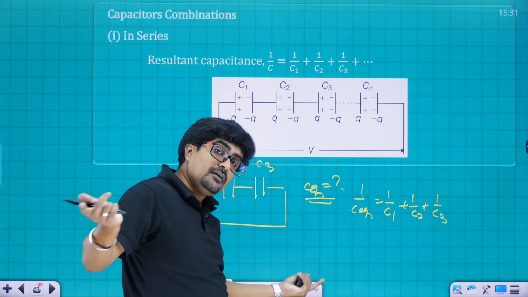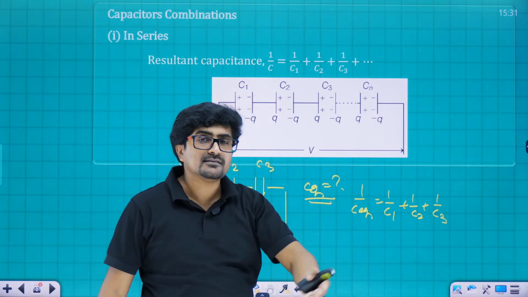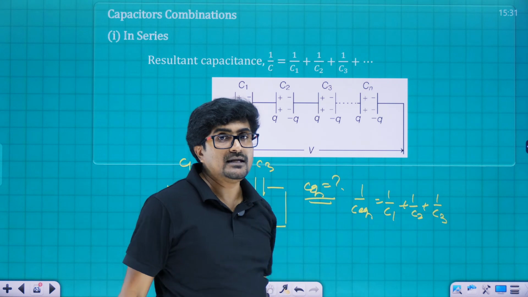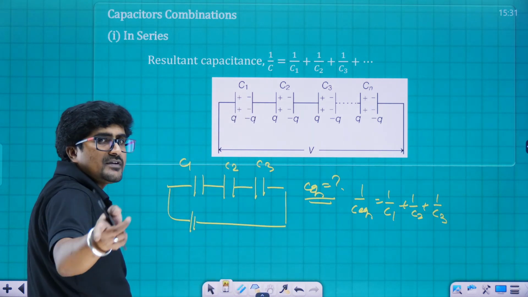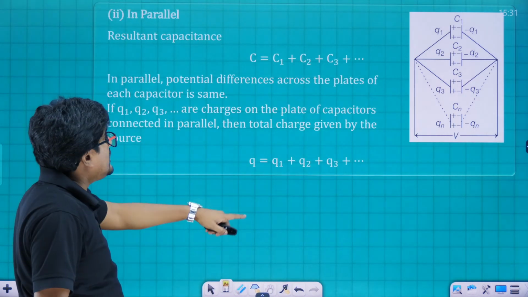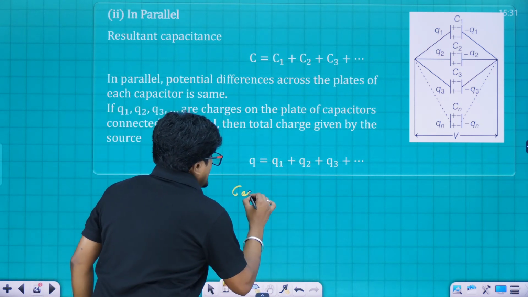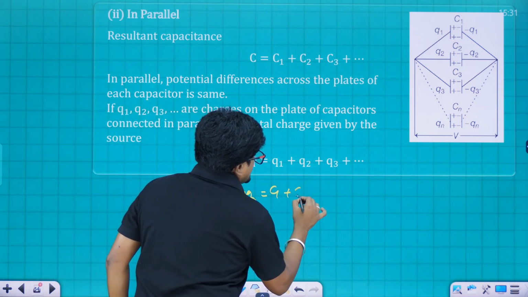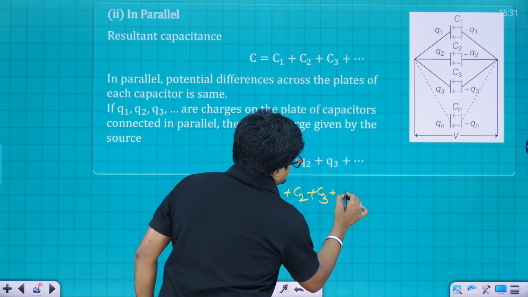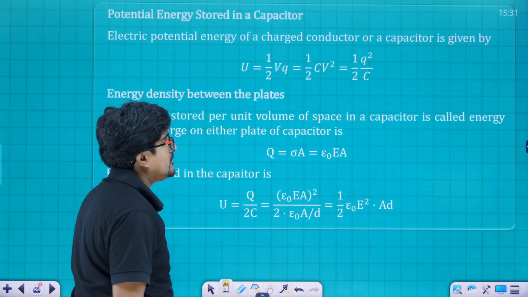If you have n capacitors connected in series like this, the same formula extends till 1 upon C suffix n. And what if it is a parallel combination? Then C equivalent is C1 plus C2 plus C3 and so on up to Cn.